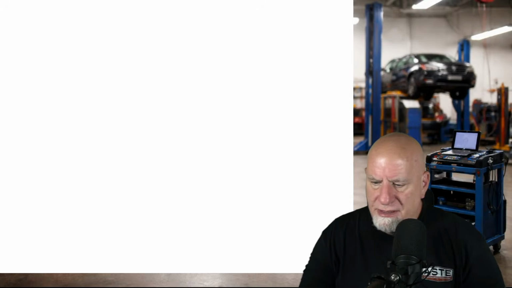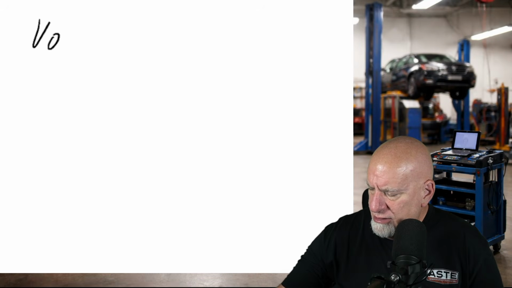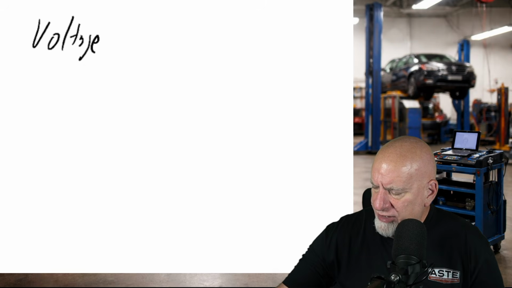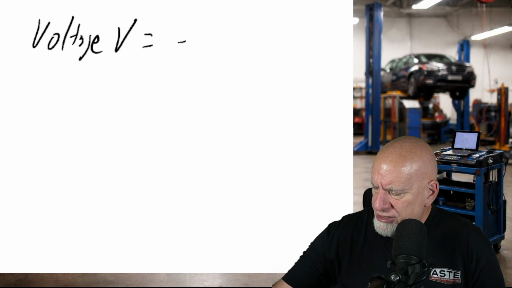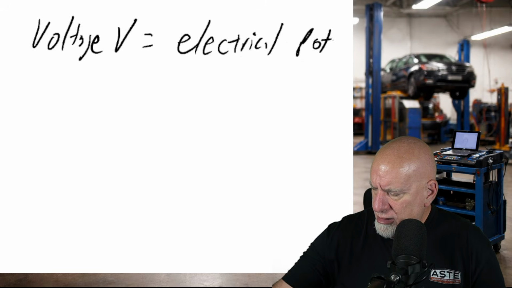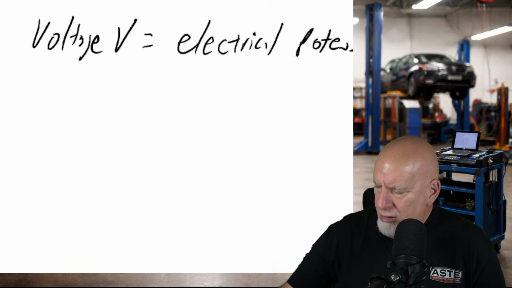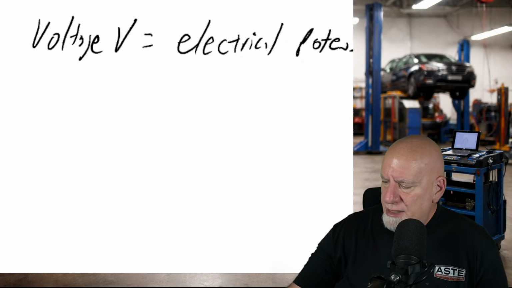So let's jump to my whiteboard here. And voltage, signified by the letter V, is electrical potential in a circuit, or the push behind the circuit.